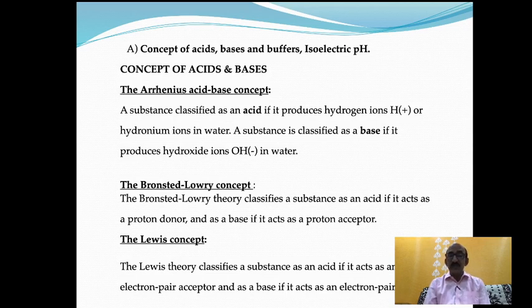According to Lewis, acids are electron pair acceptors and bases are electron pair donors, and this is the most widely accepted theory, that is the Lewis concept of acids and bases. In this way, there are three concepts given by three scientists: the Arrhenius concept, the Bronsted-Lowry concept, and the Lewis concept about acids and bases.